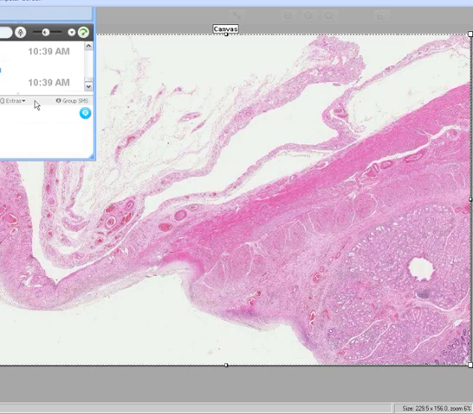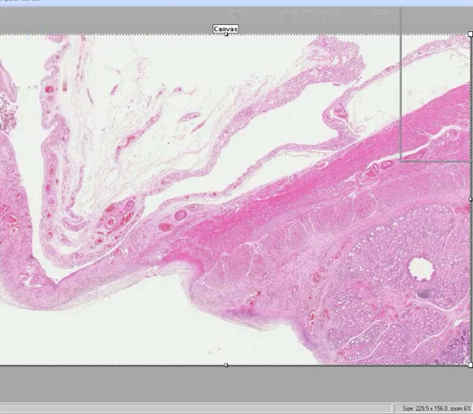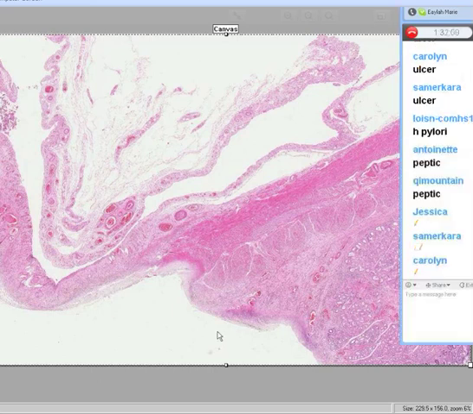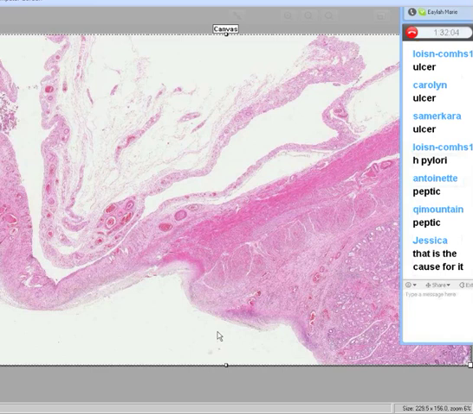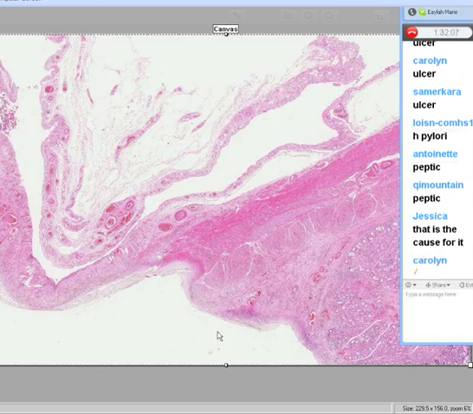And because almost all these ulcers are related to acid problems, what adjective would you like to put in front of that ulcer? Peptic ulcer. I think that's what I'll be seeing in a few seconds, I hope.